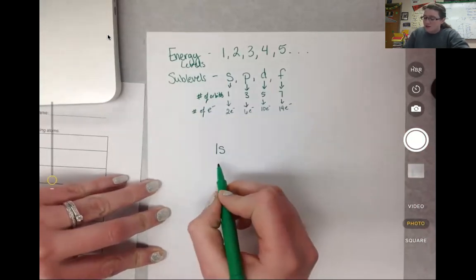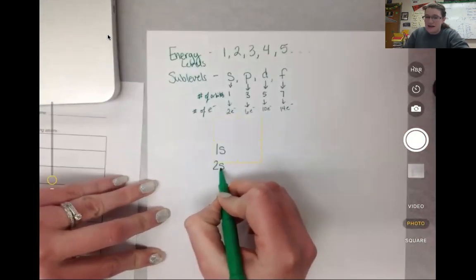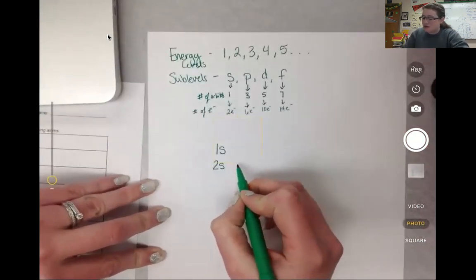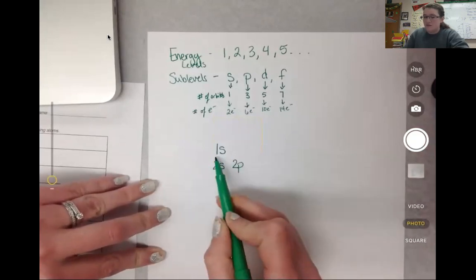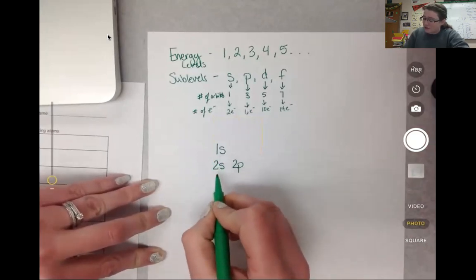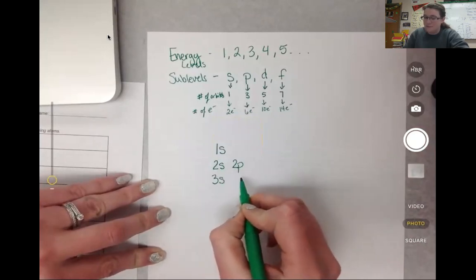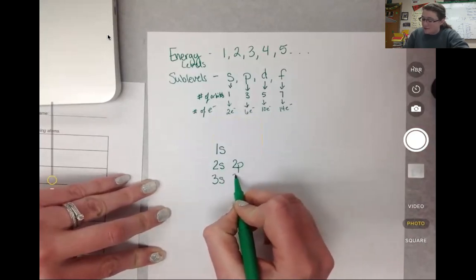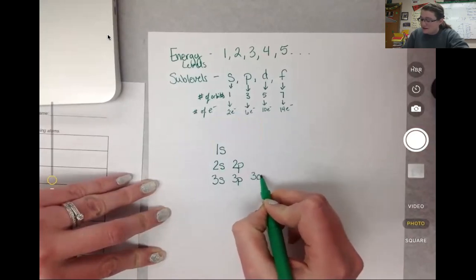In energy level 2, I can have an s sublevel and a p sublevel. The way I'm writing this, I'm writing energy level and sublevel. In the third energy level, I can have an s, a p, and a d orbital.